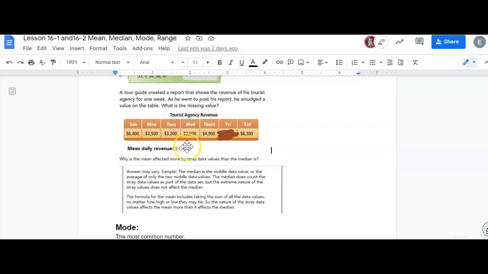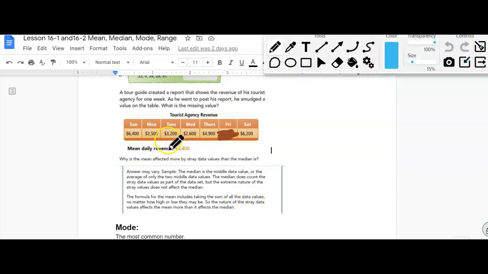The other piece of information we know is the mean daily revenue. Take this time to see if you can find the value of Friday. To solve for this problem, what we need to do is work backwards.